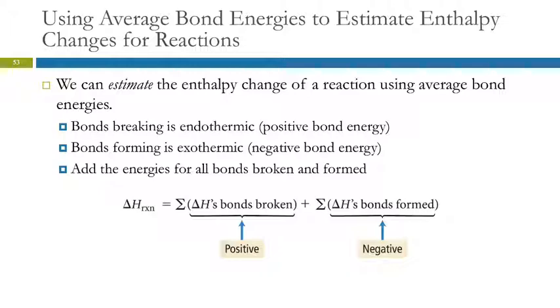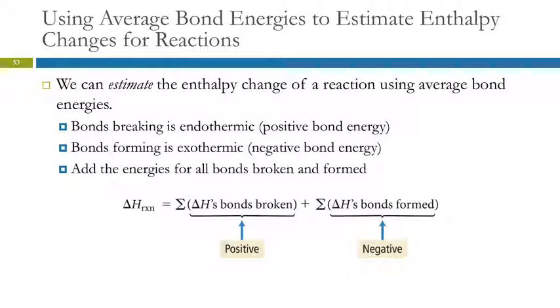So how do we use bond energies to estimate enthalpy changes? Well, breaking bonds is endothermic, putting energy in. So that's a positive number. Forming bonds has to be negative then. You can't just create energy by making and breaking bonds. What you put in comes out, right? Conservation of energy.